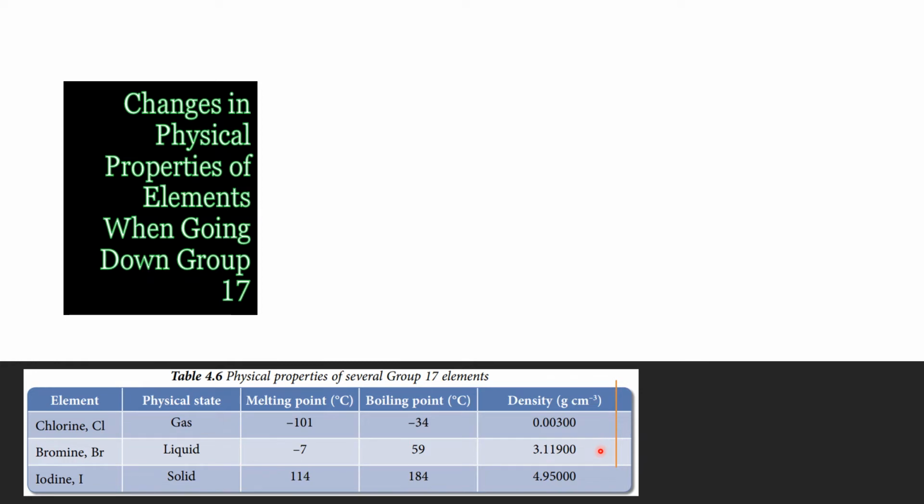Why does the density increase? As you learned in your Form 1 science, density is equal to the mass divided by volume. So the unit assigned to the density is gram per cm cubed. When moving down the group, as you learned in chapter 2, the number of shells occupied with electrons increases, and the number of protons and neutrons in the nucleus also increases.